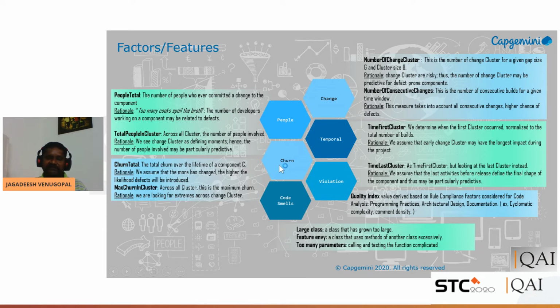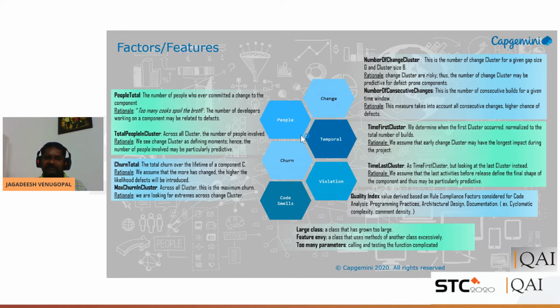All these factors have been derived, and as Vivek mentioned, the people factor is one of the most important factors. When you have too many people coming in making changes, that is a risk to the file. Also the different varieties of people matter. When people come for the first time, there is a higher risk than with a person who is very comfortable making changes and has worked with this file multiple times.